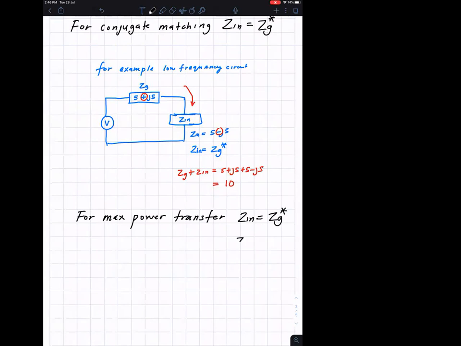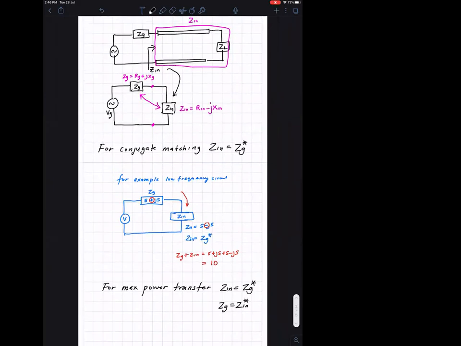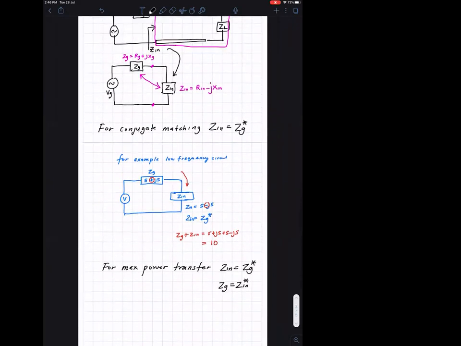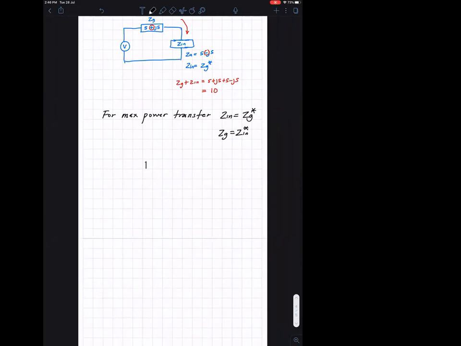Or you can also write it the other way, ZG is the conjugate of Z in. If you do this, all the available power will go in. What's available at the source, you get maximum P max going in.